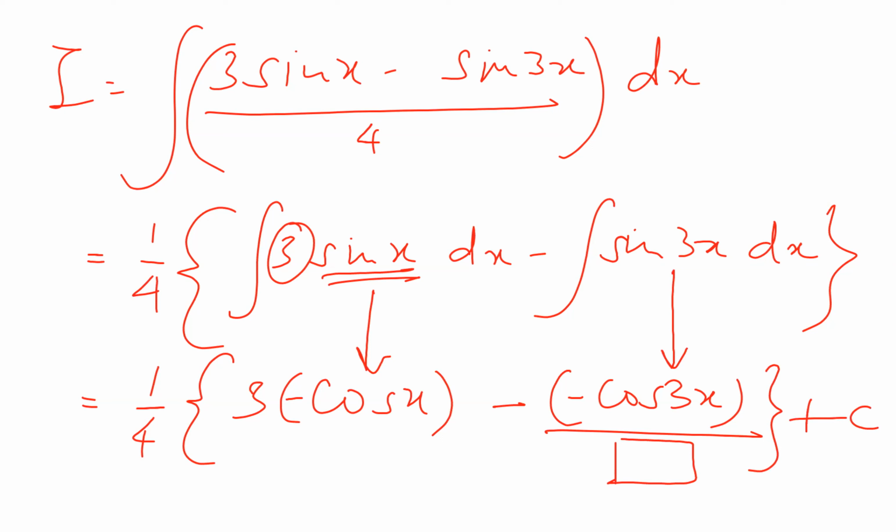Yes, waiting for your answer. Correct. Upon d by dx of 3x, which is 3. Chain rule part, because 3x is a linear algebraic term. Are you understanding?